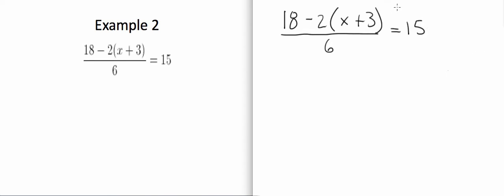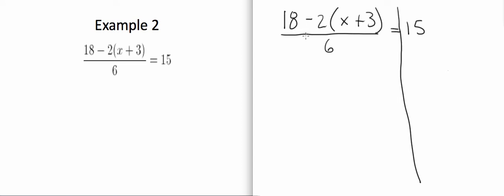We're going to think of it the same way as our number trick, but now we're going to use the operations that we got and write it out algebraically. So we started with x, added 3, multiplied by negative 2, because we got this negative here, and added 18, then divided by 6. Those were all the steps that we took.